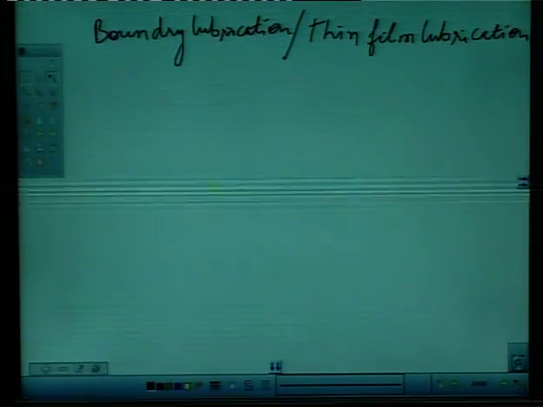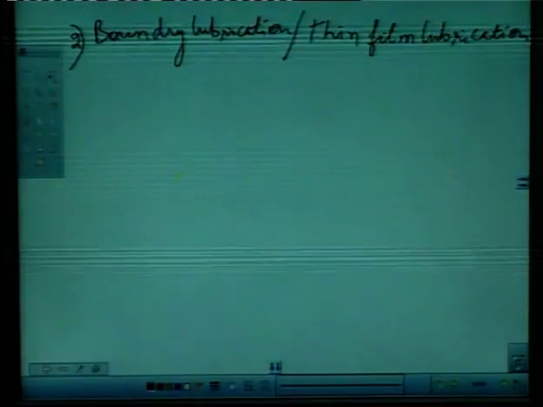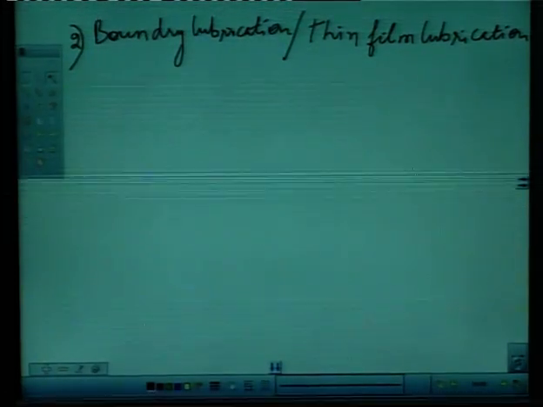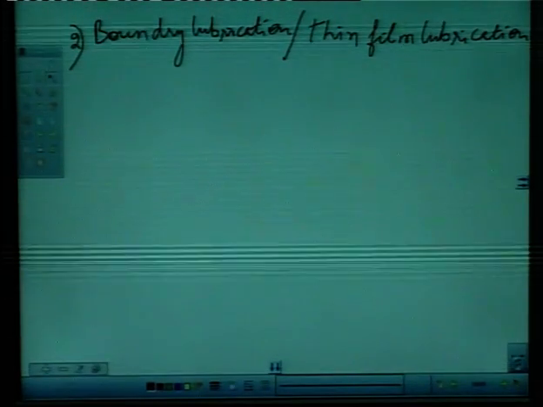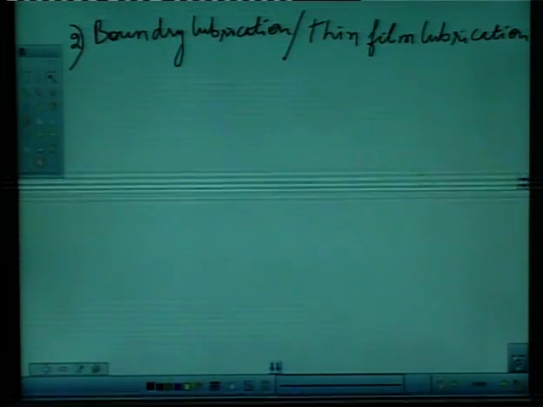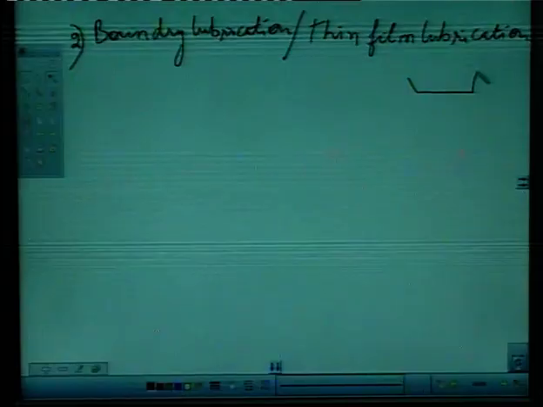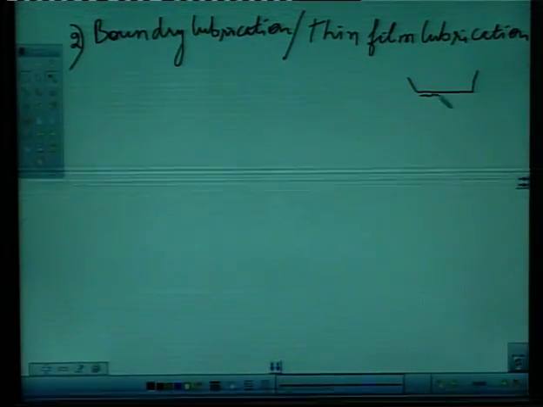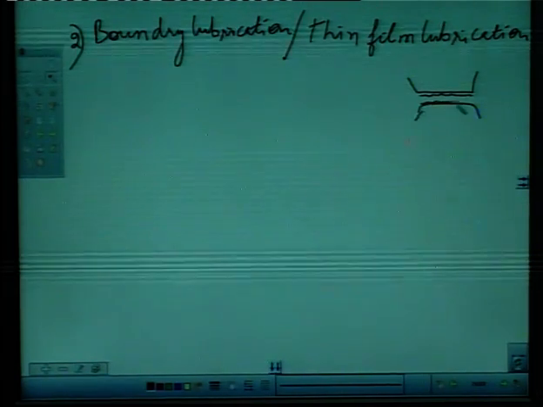We have already discussed thick film or hydrodynamic lubrication, and in contrast to that is thin film lubrication. Here a thin film of lubricant is inserted in the moving parts.